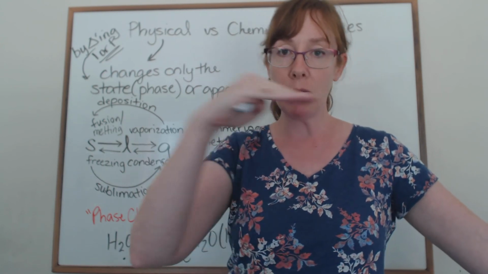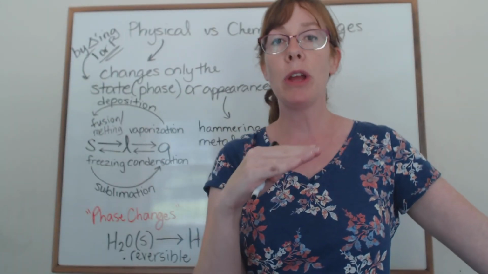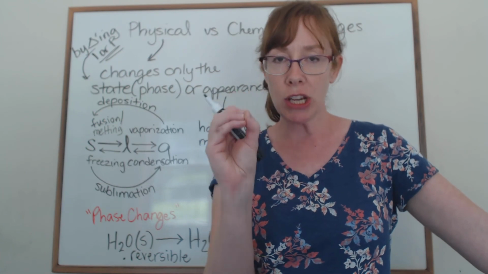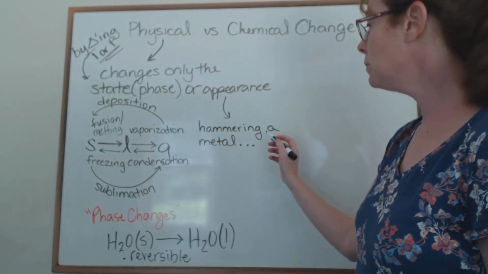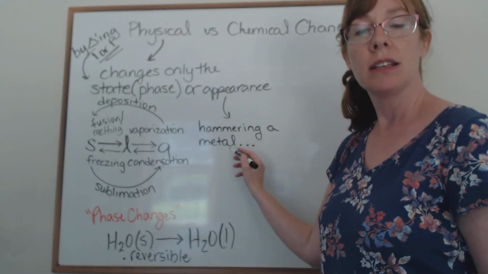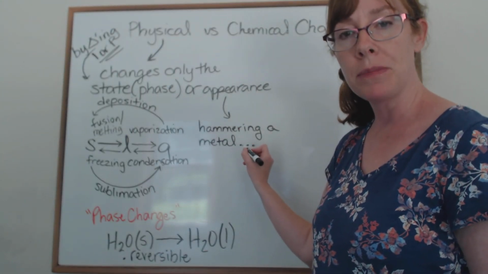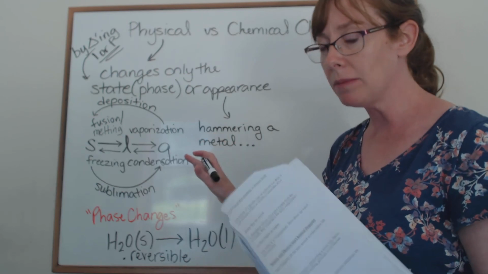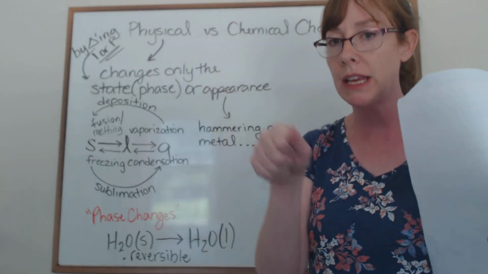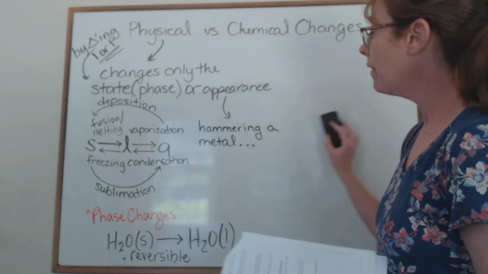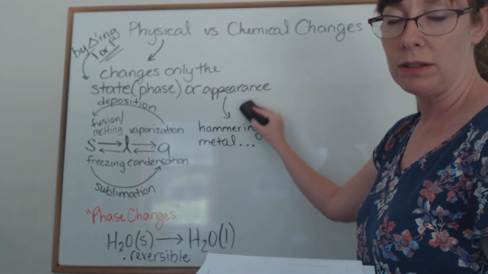Maybe you could bend it just by hammering it. You're not actually changing the atoms. You're just changing the way that they relate one to another. So this would be just an example of changing something's appearance. It's not actually messing with the atoms or chemical bonds. It's just how the atoms relate to each other or how the light is reflecting off of them. All right, so that's just a small aside.